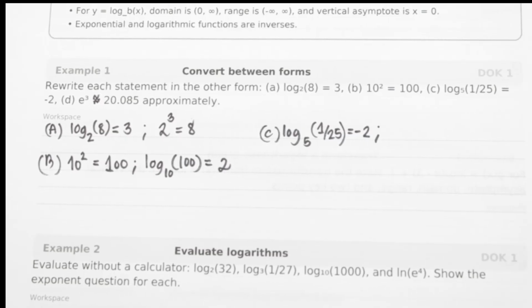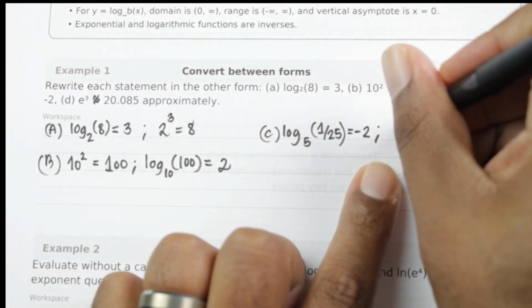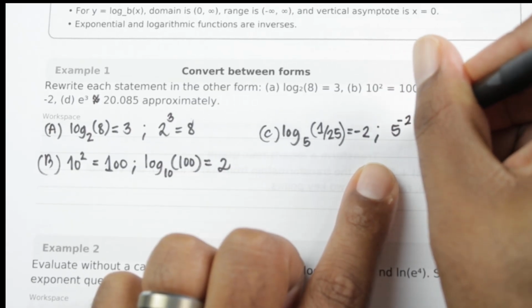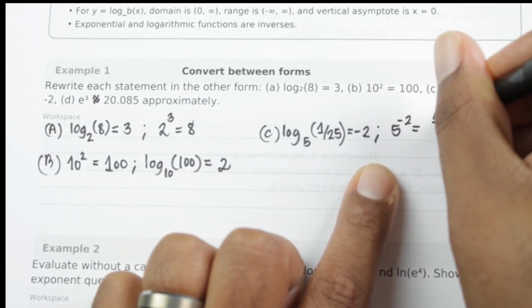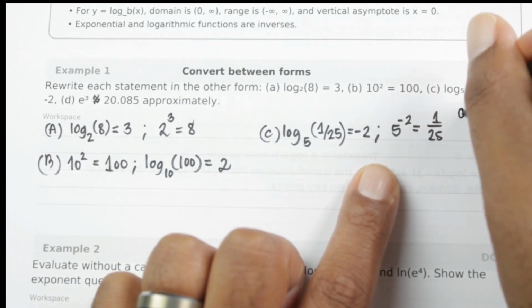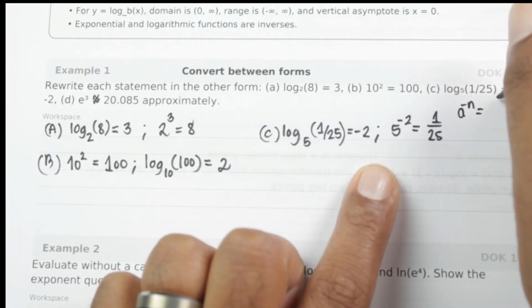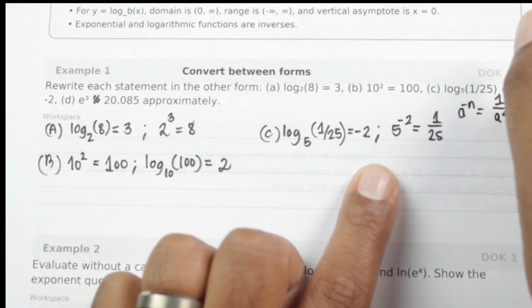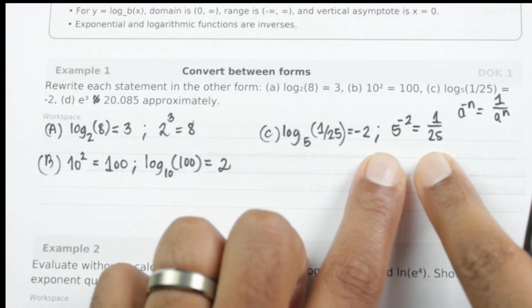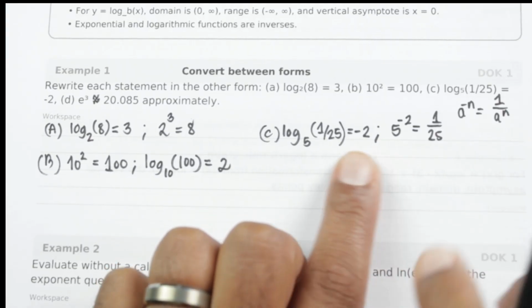And the answer is negative 2. So 5 raised to the power of negative 2 is 1 over 25. And remember, this is the same as saying a to the power of negative n gives me 1 over a to the power of n. That's an exponent rule right here.